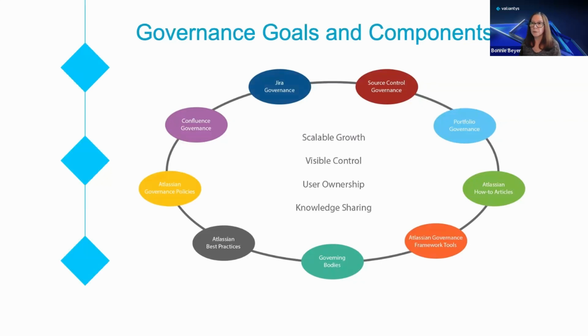And individuals who are the power users, as we often refer to them, the subject matter experts in the tools, maybe they're the prima donna about, we need it this way. Those are the people that you want to have involved in the governance process so that they can see how it impacts everyone and they can provide meaningful information about what they know. And then knowledge sharing. How do we promote these ideas across the entire company?